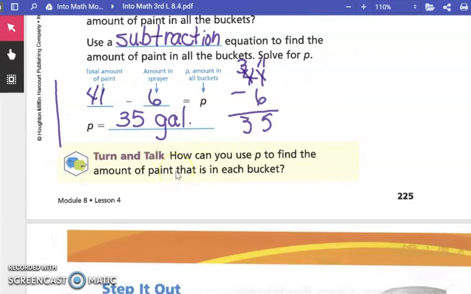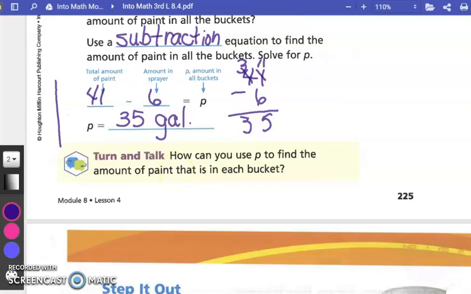What would a division be? What would we multiply, or what would we divide? 35 divided by how many buckets did he have? We know this is going to equal 7. So we have this unknown.